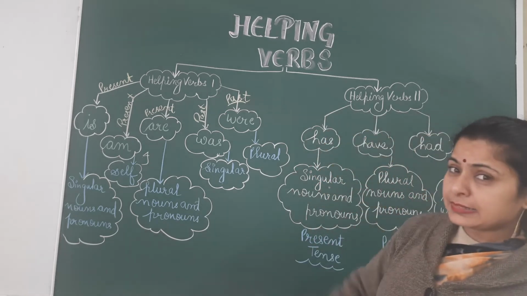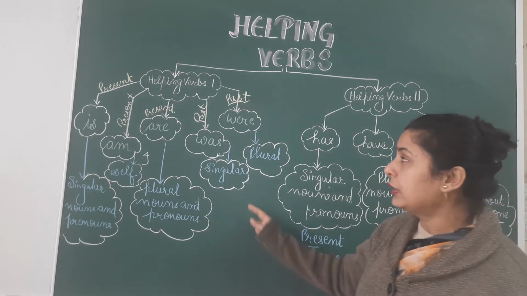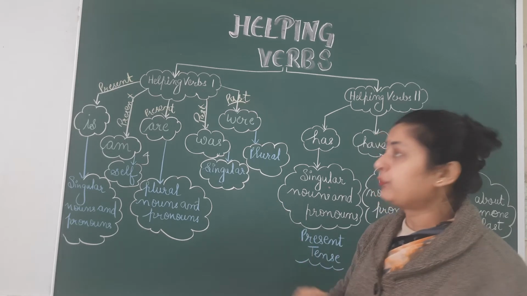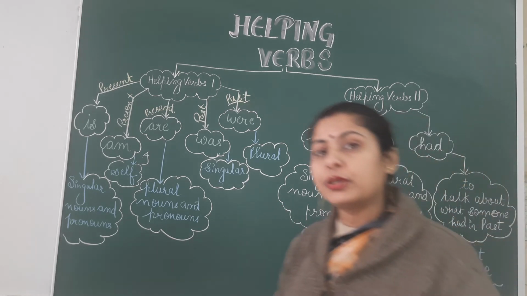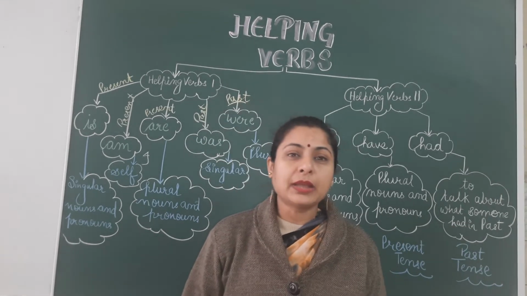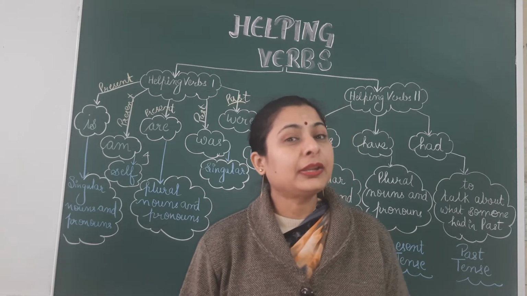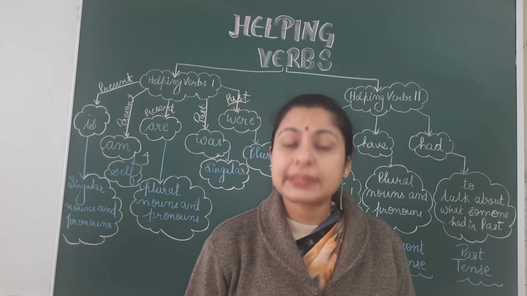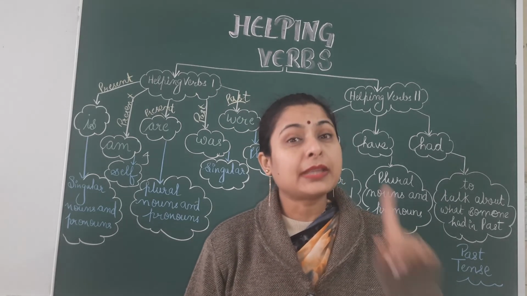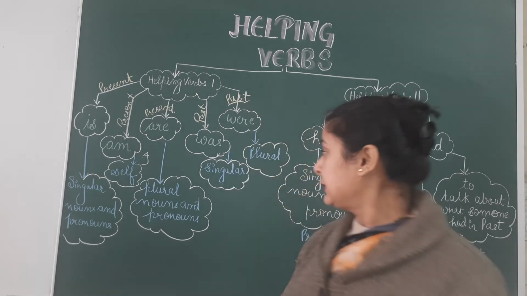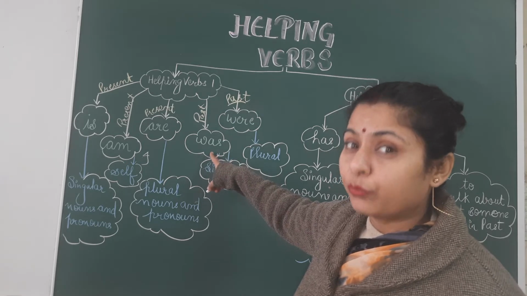Now, let us learn the use of word was and were. So, was and were are always used in the past tense sentences. And if the subject of the sentence is singular in past tense, then we will use the word was.